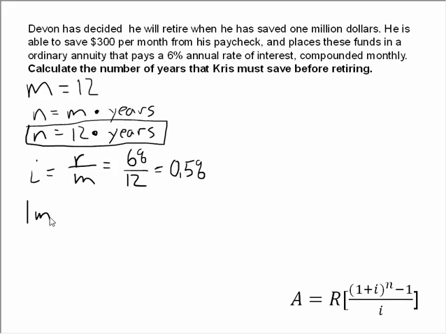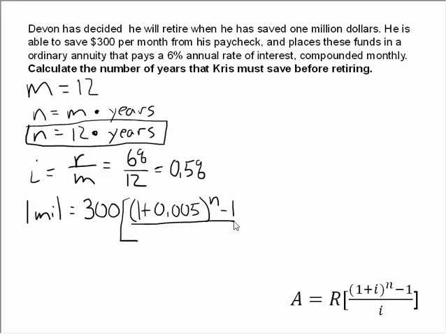So 1 million is equal to R, the amount we place in our periodic payment, times the quantity 1 plus the periodic interest rate, 0.5% or 0.005, raised to the n minus 1, all of that over that periodic interest rate.